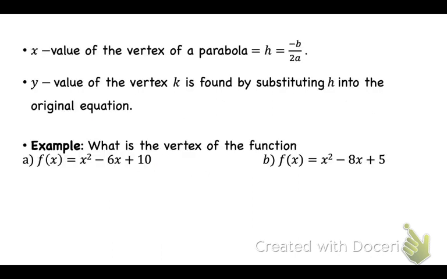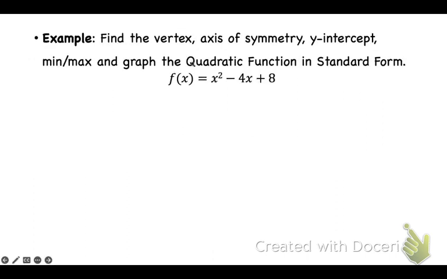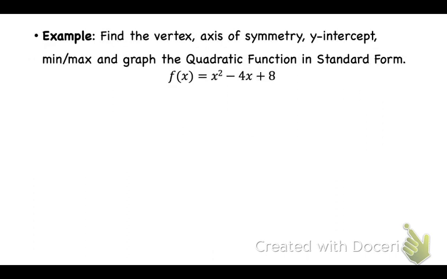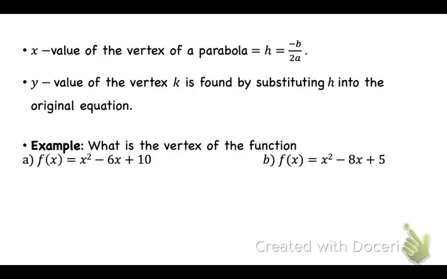Okay, x value of the vertex. If I have y equals ax squared plus bx plus c, the x value of the vertex, which would be h, is negative b over 2a.